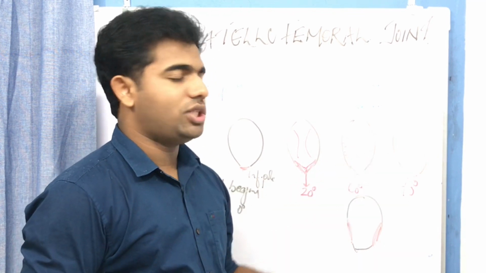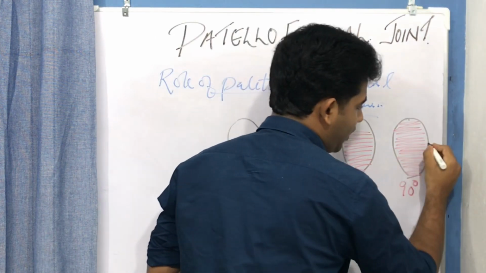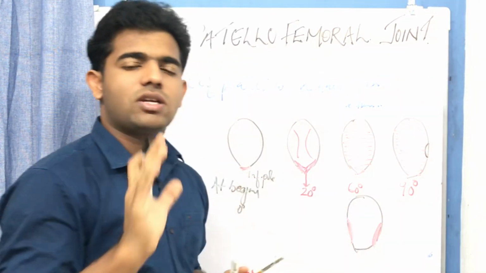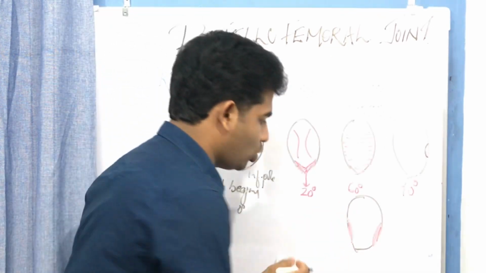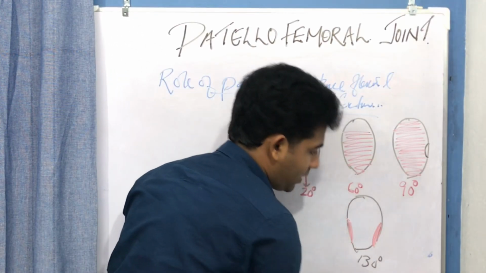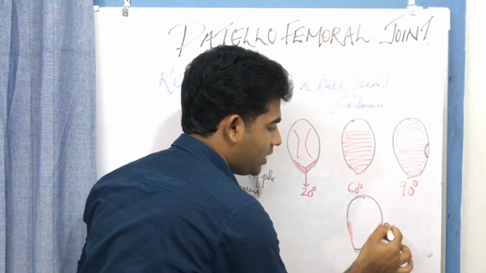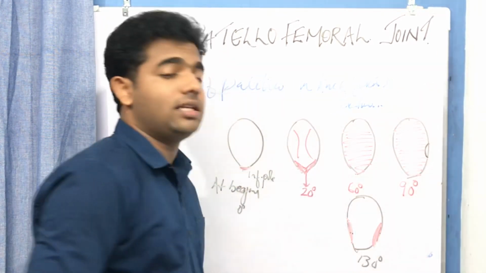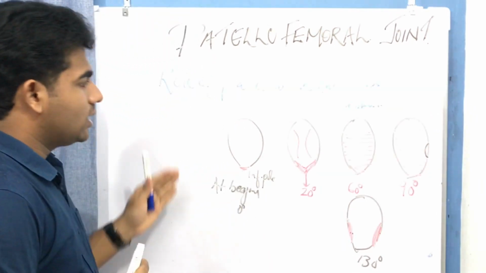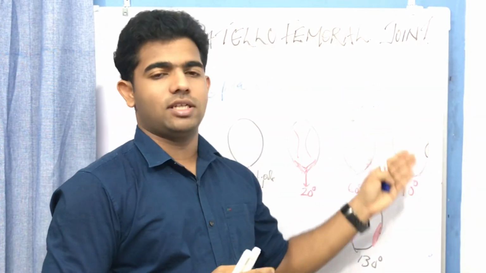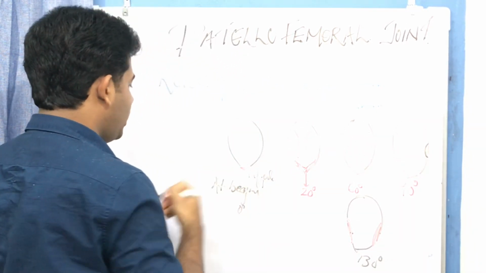At about 90 degrees, everything except that small odd facet over here comes in contact. And when flexion increases again to 130 degrees, the contact area decreases again to the lateral facet and the odd facet. So this is how the relative position of the patella changes with respect to the femoral sulcus or femur.